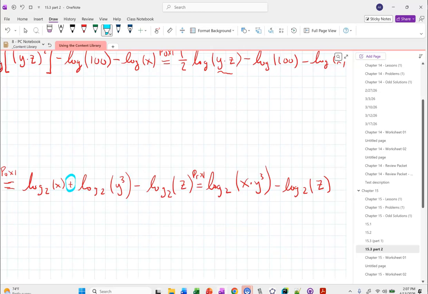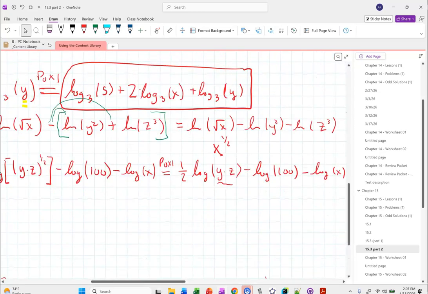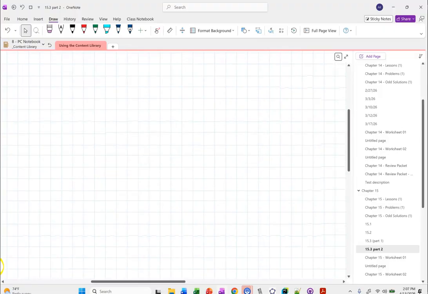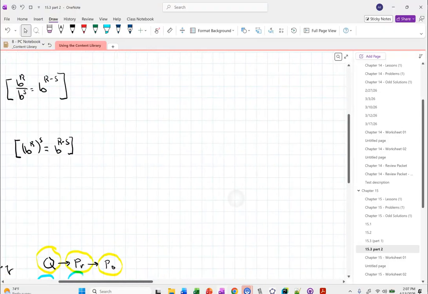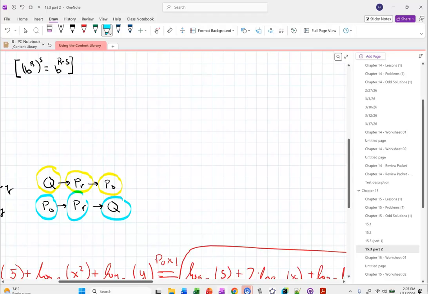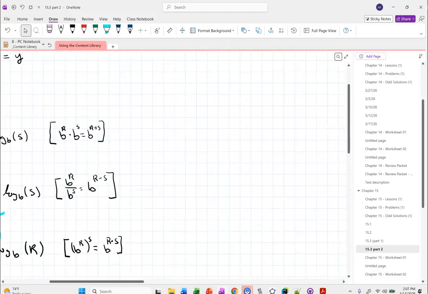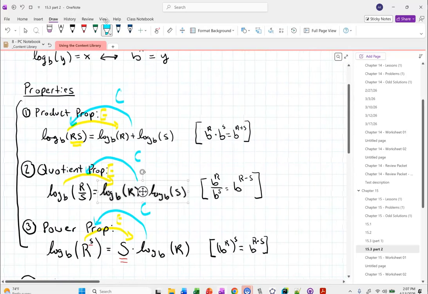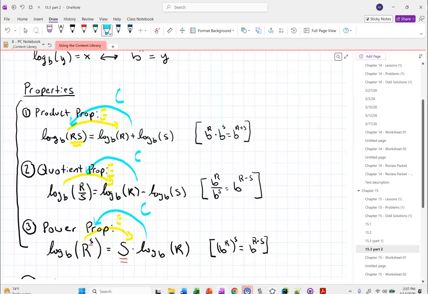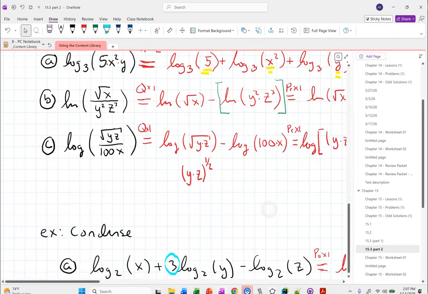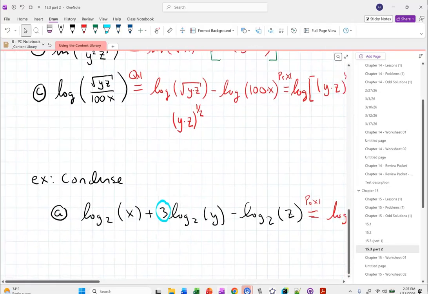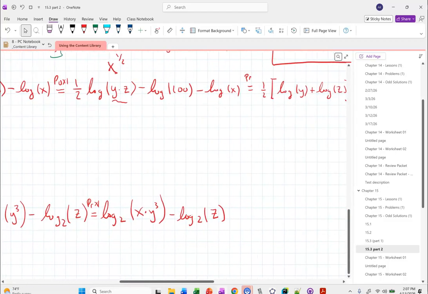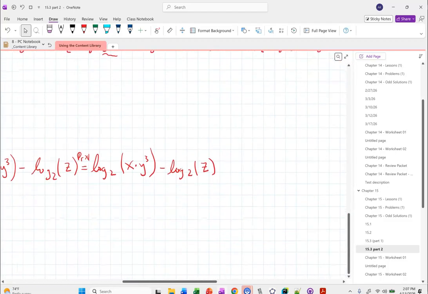Now our last step is going to be quotient property. Where did you go? There you are. If I look at my properties, the quotient property, I'm going to be looking for subtraction between the logarithms. Do we have a quotient property going on?